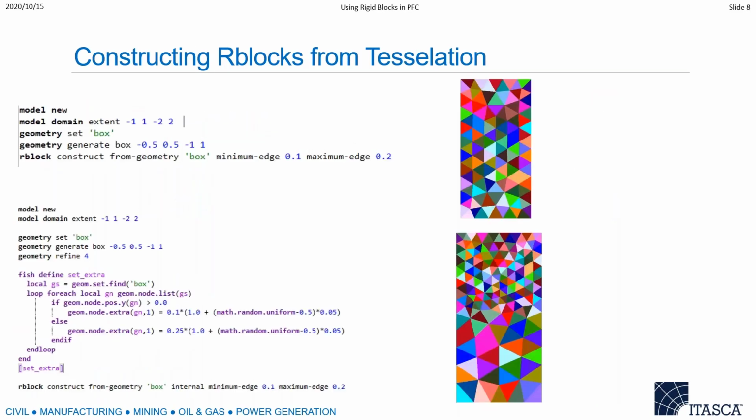Okay, you have also the ability to construct rigid blocks from tessellation of space. So for example, in this example, we asked PFC to generate a box using the geometry logic, and we use the RBlock construct command to create from this box this tessellation here using triangles in 2D.